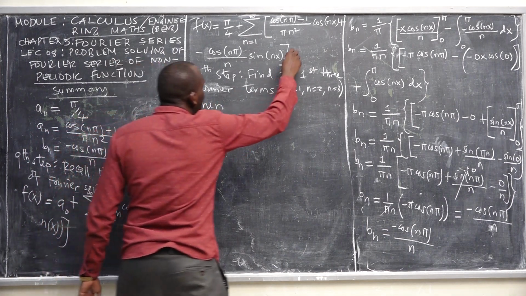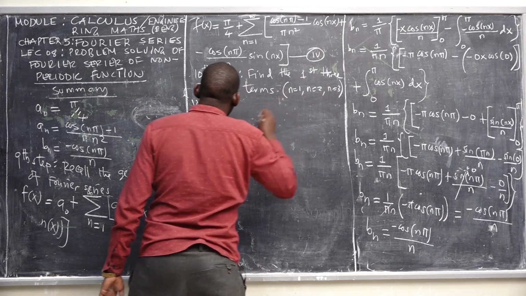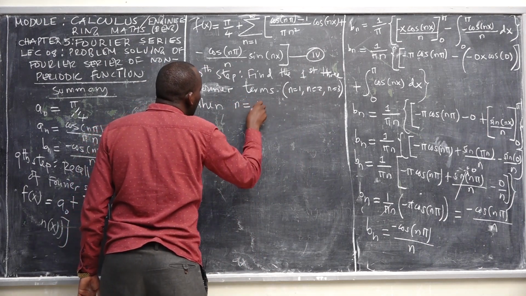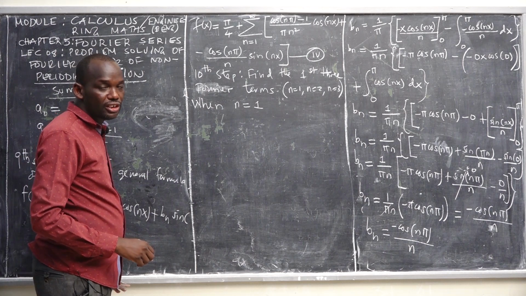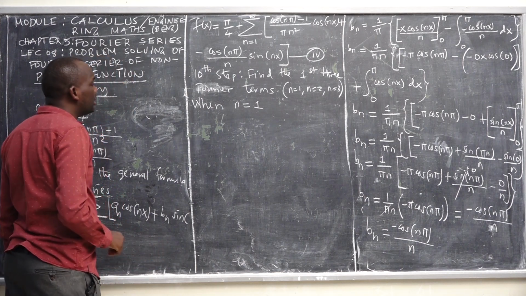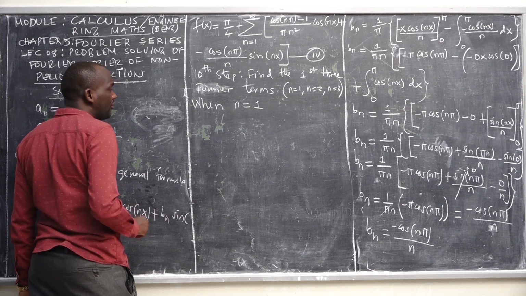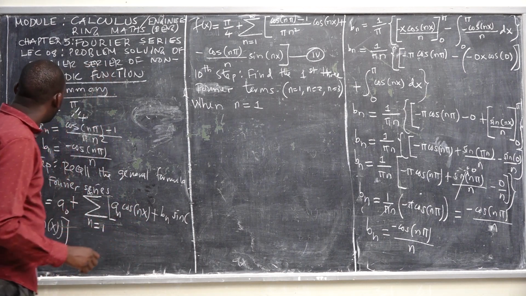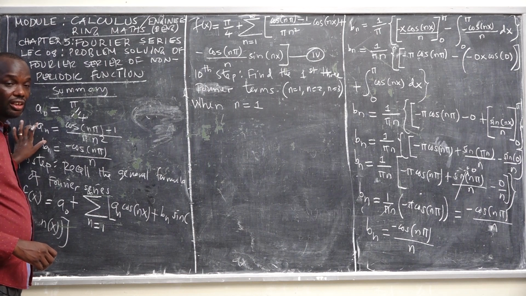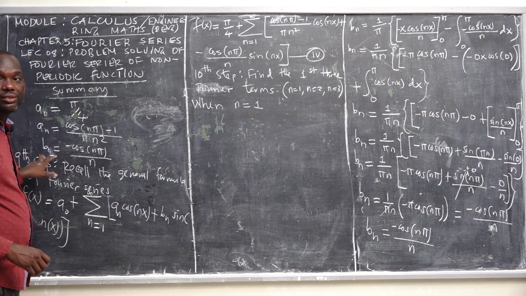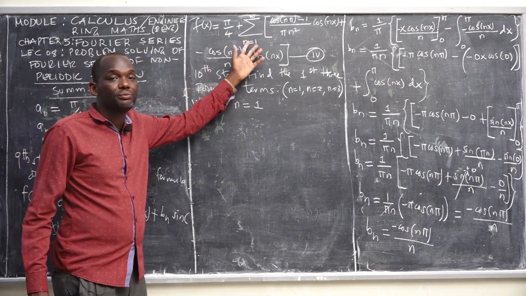So we start, we say when n is equal to 1. This one we can call equation 4. For that case, you have a choice. Either you can find A1, A2, A3 and B1, B2, B3, then you substitute them in this term.